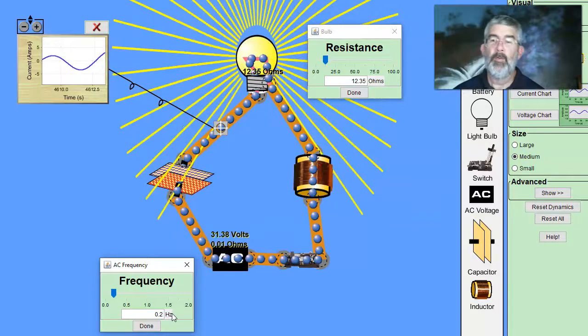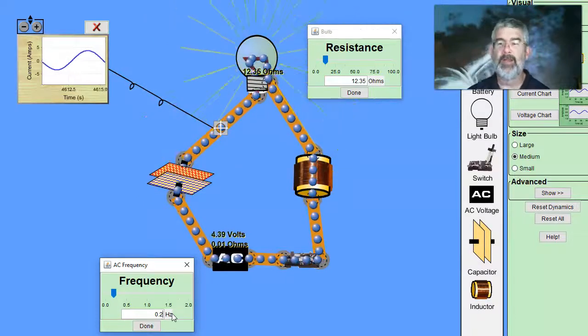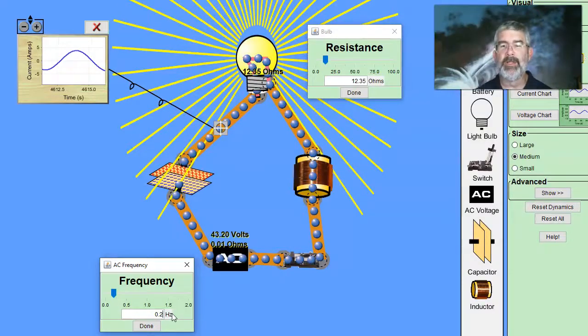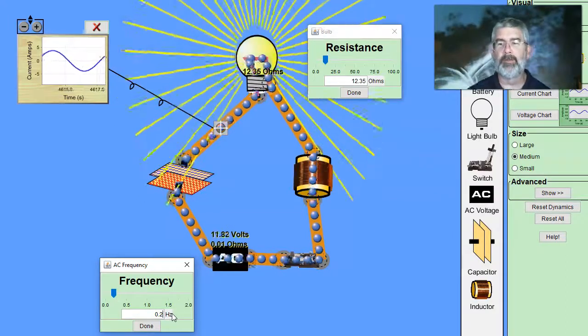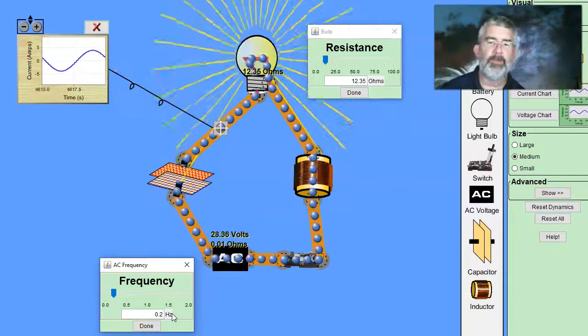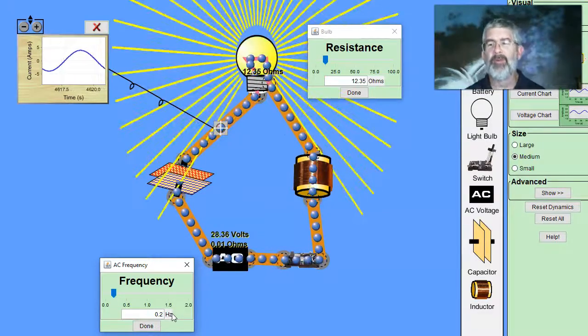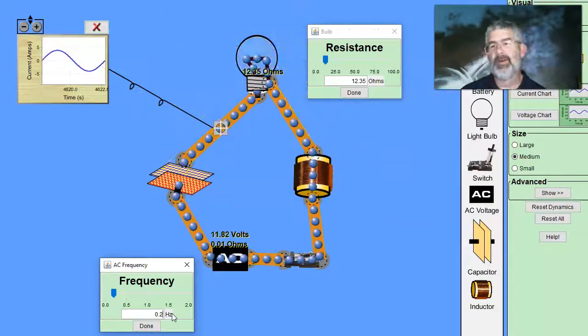Now, when you're out in the field, changing a light bulb in a parking lot, and the light bulb doesn't light when you screw it in, it's because probably the capacitor, but sometimes the inductor needs to be replaced. So you've got to put a new capacitor in. Well, sometimes you don't have the right capacitor with you, and you put in something a little bigger or a little smaller.